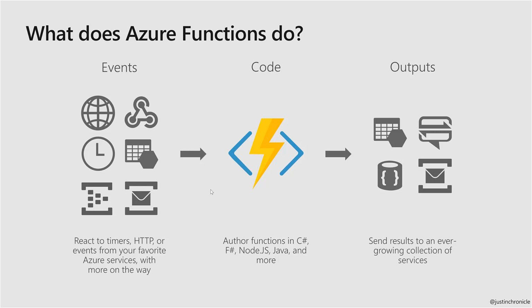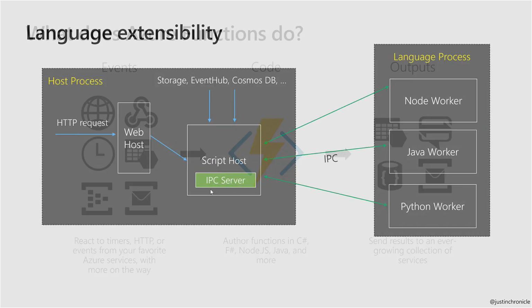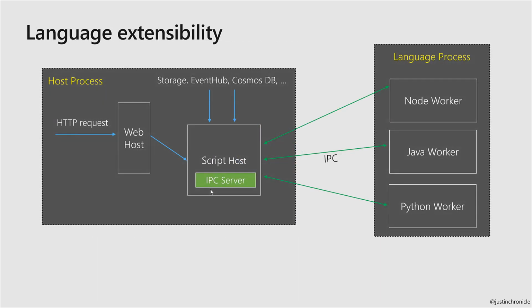Right? So we have talked about the language side. Let's go a little bit deeper. In version 1, Azure Functions used to support C#, F#, and JavaScript, but it was quite hard to add extra languages, such as Java or Python. It was very experimental and really hard because the host runtime process and language process were tied together.